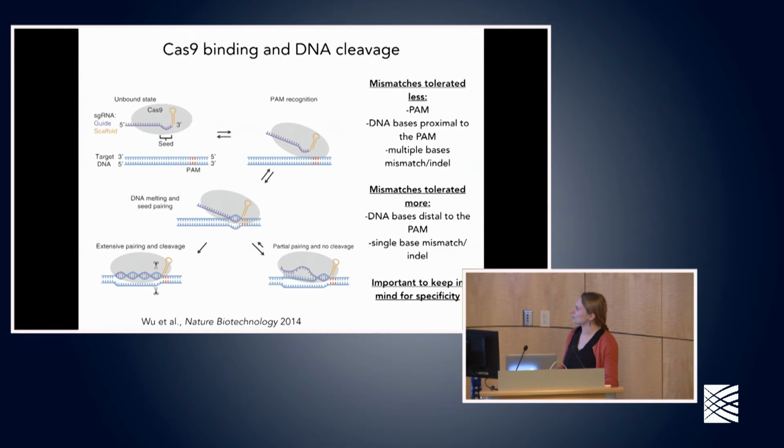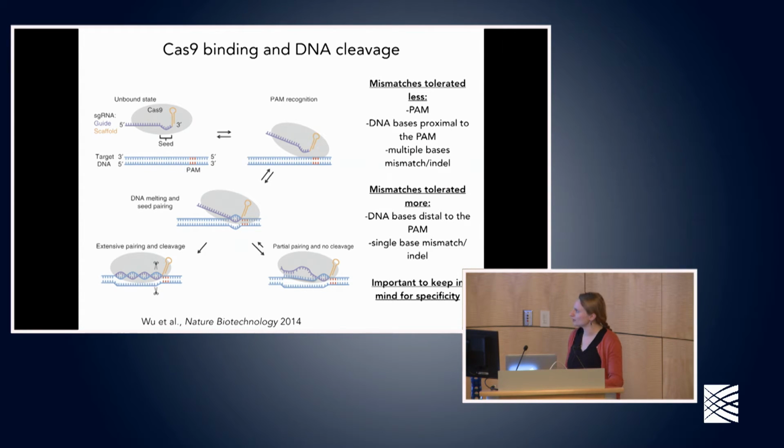And so since the PAM is required for binding of Cas9, if there is a mismatch in the PAM, then Cas9 won't bind. So this is very critical. Also, the bases directly next to the PAM are very important. And then Cas9 also does not tolerate multiple mismatches or indels.